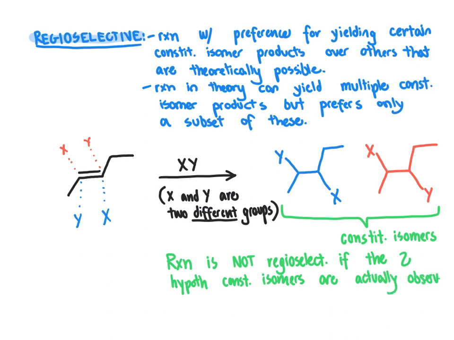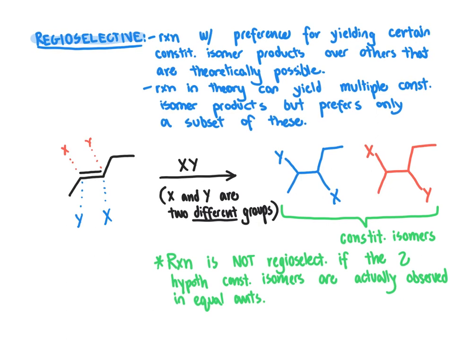So if we see a 50-50 split between these two constitutional isomers, that means the reaction is not regioselective. It means that it's just randomly choosing to put X or Y at carbon number 2 and X or Y at carbon number 3.